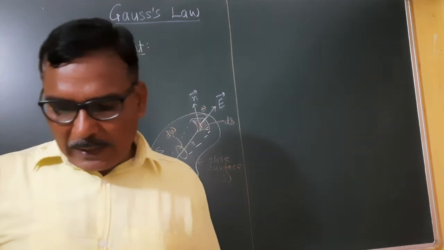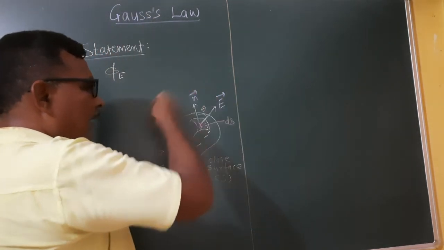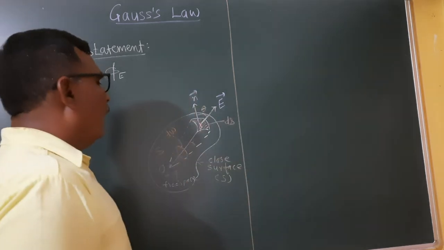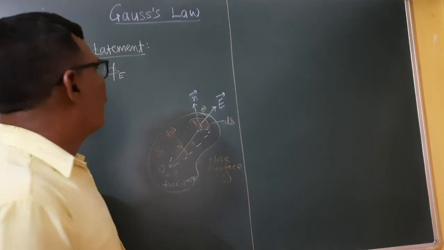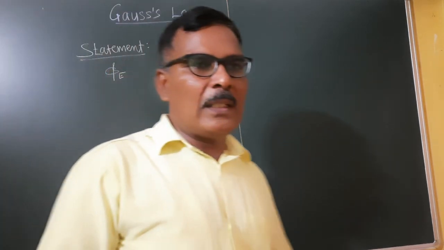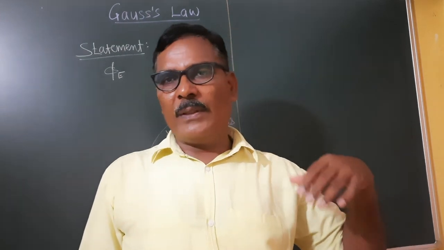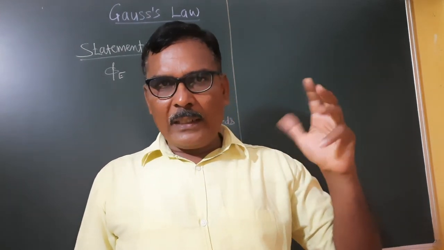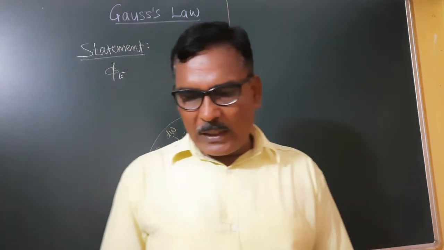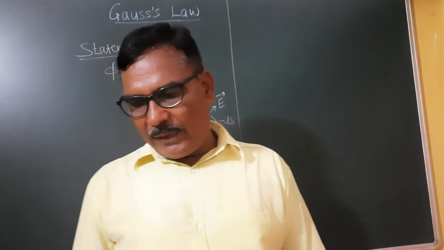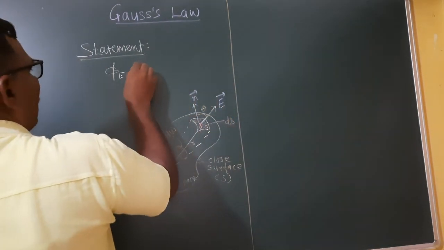According to Gauss law, the electric flux phi E through any closed surface is equal to the algebraic sum of the charges enclosed by that surface. That is, phi E is equal to 1 upon epsilon 0 times the algebraic charge enclosed in that surface.